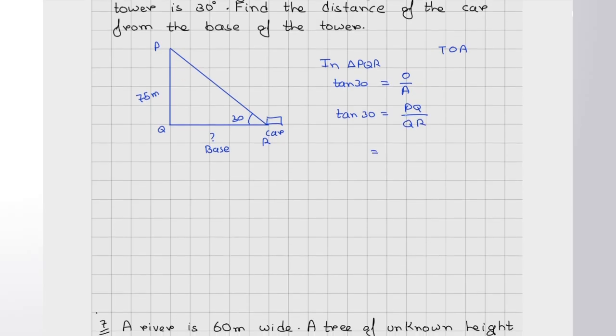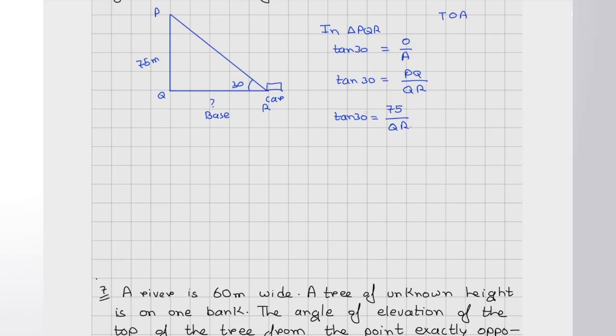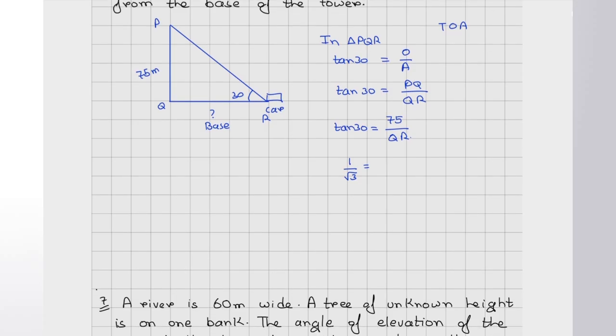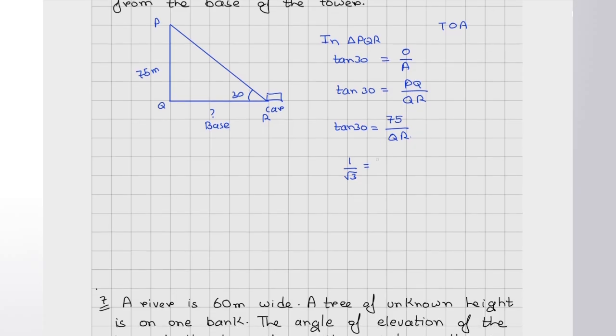What is the value of PQ? That is 75. What is the value of QR? We don't know, so we'll write QR. Now we'll write the value of tan 30, that is 1 by root 3. I hope you have remembered the values of standard angles, otherwise it will be difficult to solve the questions.